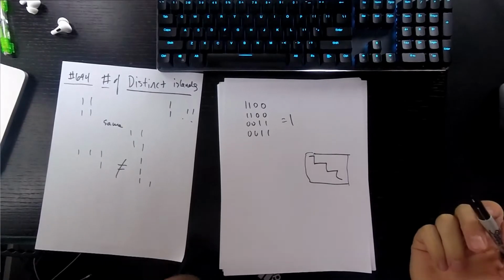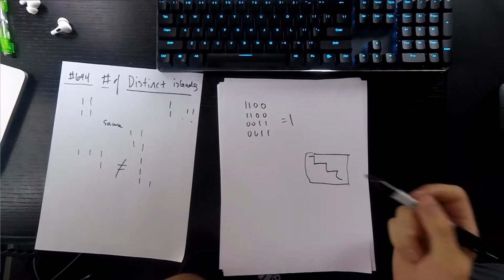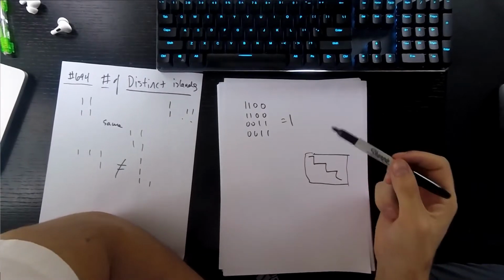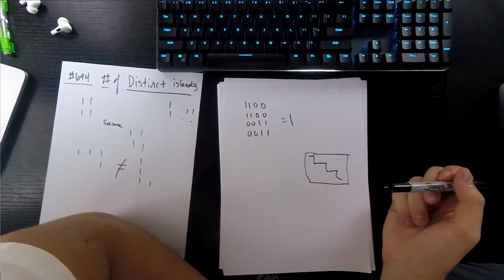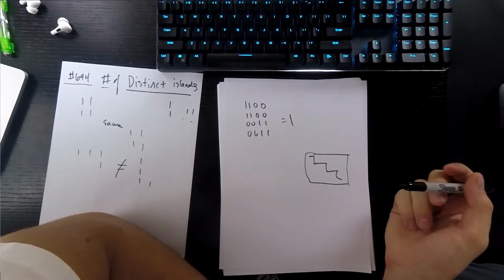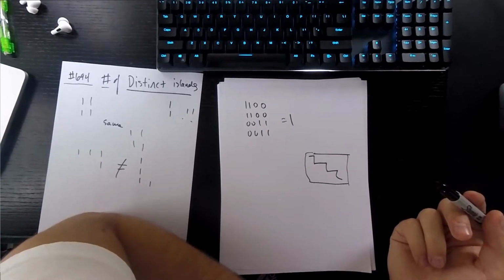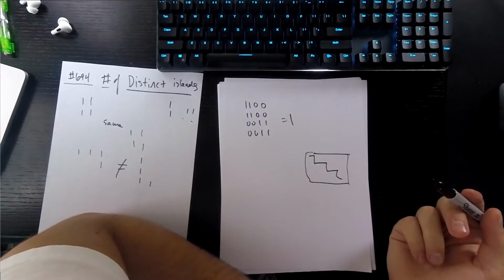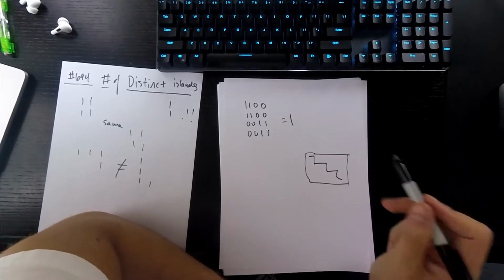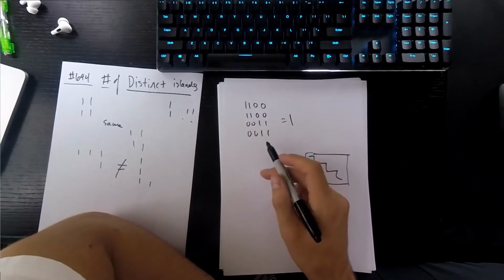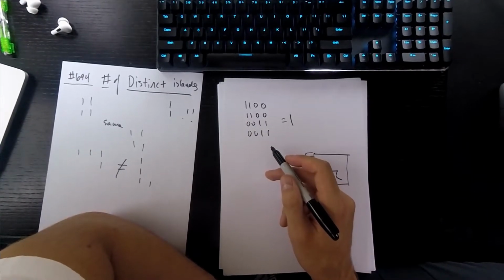Another way would be to, well, let's think, how are we exploring these islands? Well, there's breadth first search and depth first search, and which one of those could uniquely identify an island? Well, breadth first search, what is it? It's really a queue, and you add in all its neighbors.